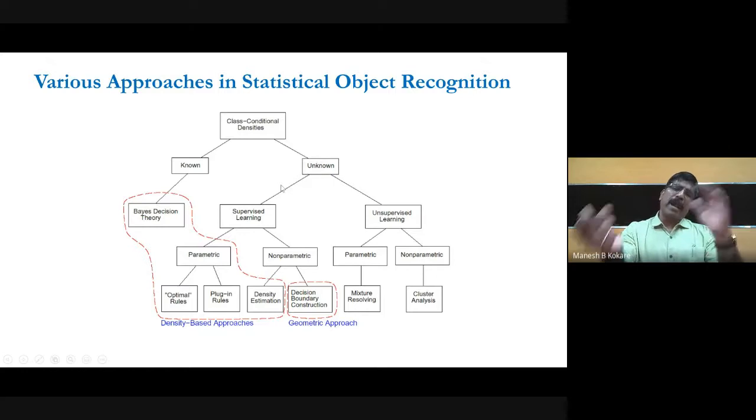But if all the patterns are labeled, then you can use the supervised learning approach, and this supervised learning approach can be further divided into a parametric approach and a non-parametric approach. In the parametric approach, you can use the optimal rule-based technique or the plug-in rule-based technique and so on, whereas in non-parametric, you can use density estimation or decision boundary construction.